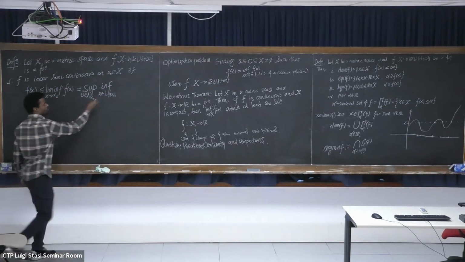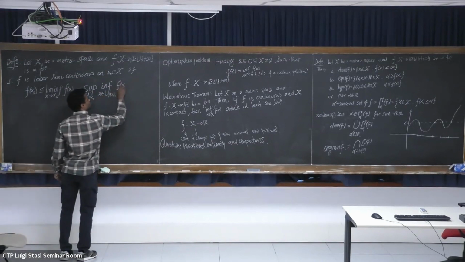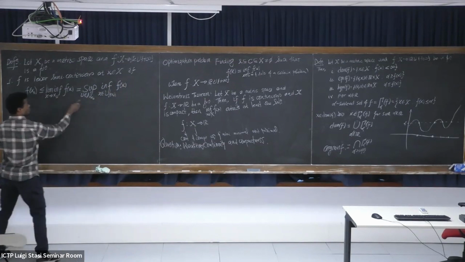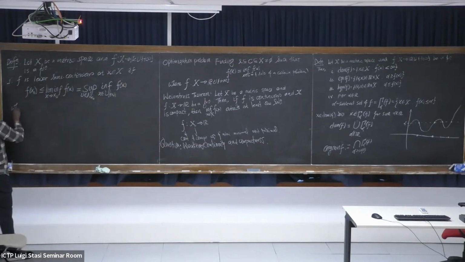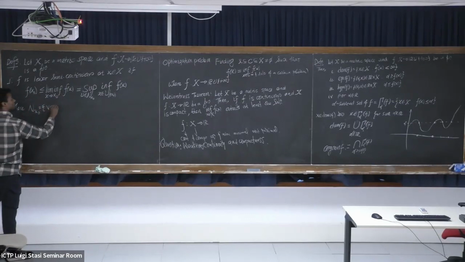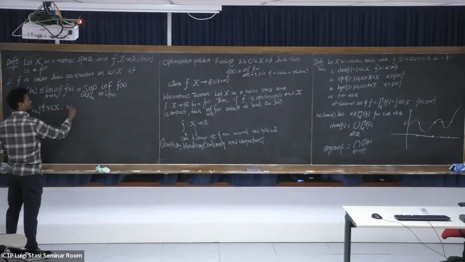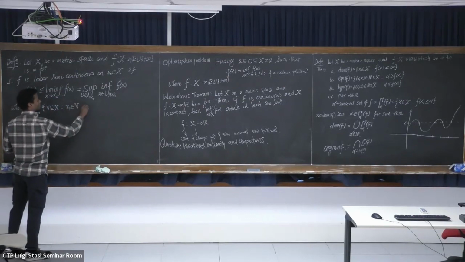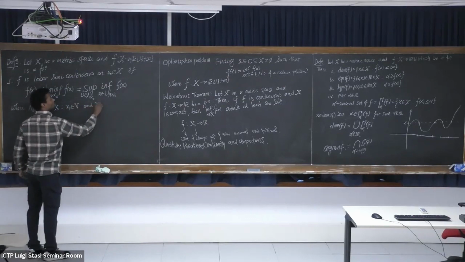What is this set? This set is the set of all V, subset of X, so that X naught is in V, and V is an open set.